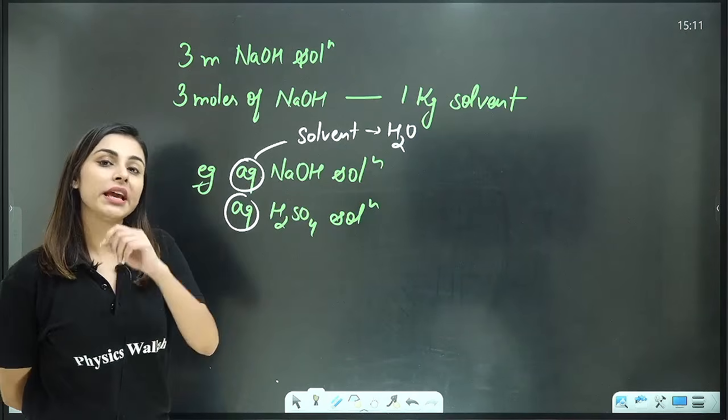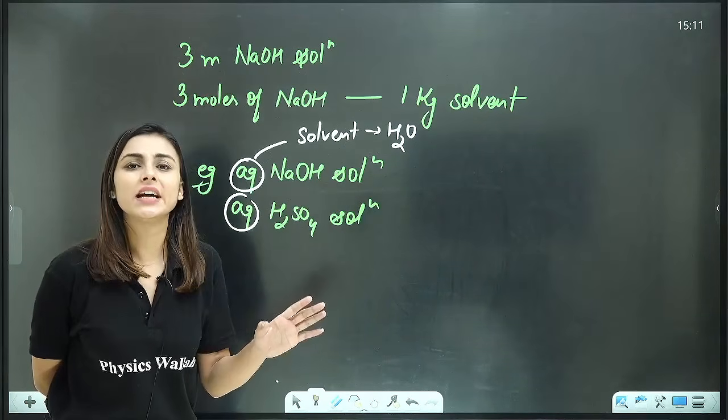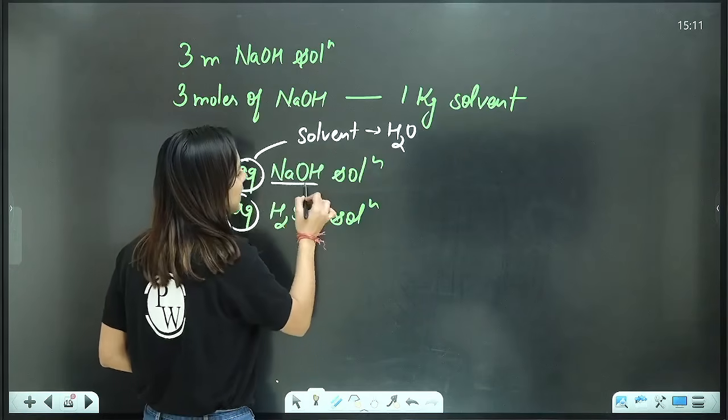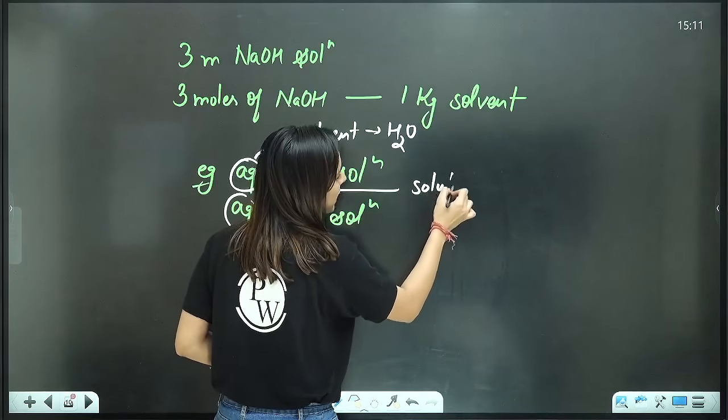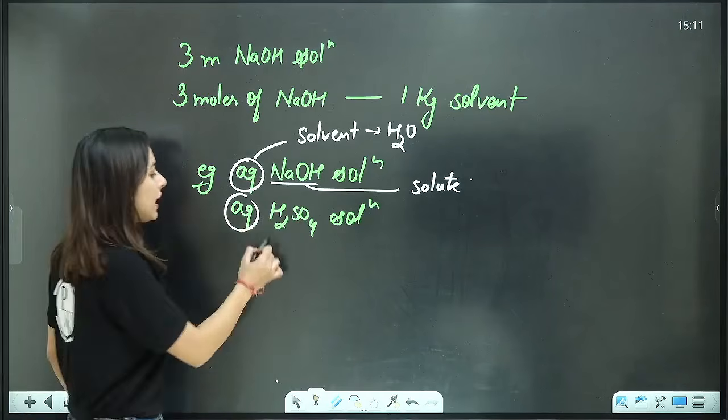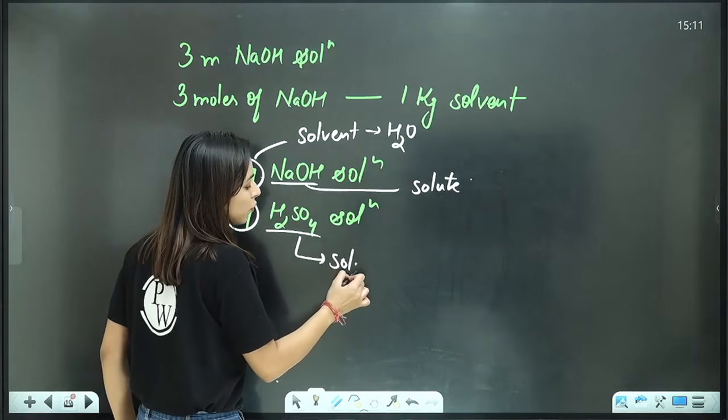Whenever you are given aqueous solution of any kind, your solvent would be water, and here solute would be NaOH. Similarly, here aqueous means solvent is water and solute is H2SO4, right?